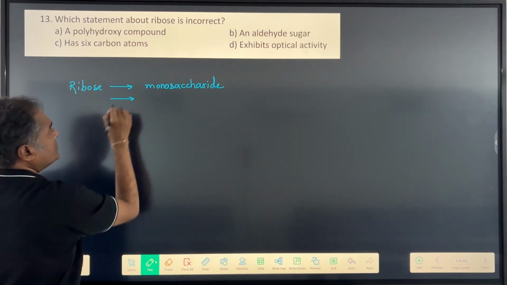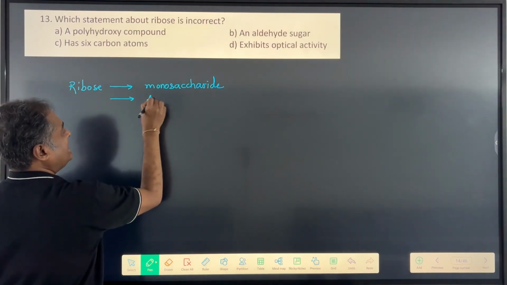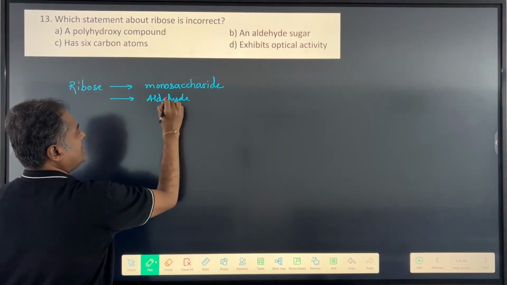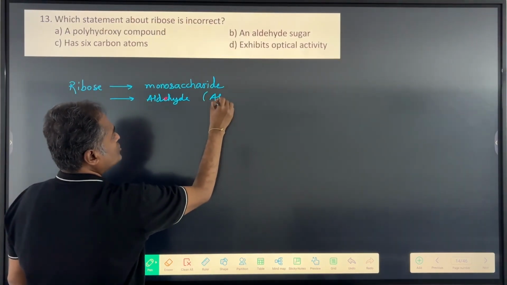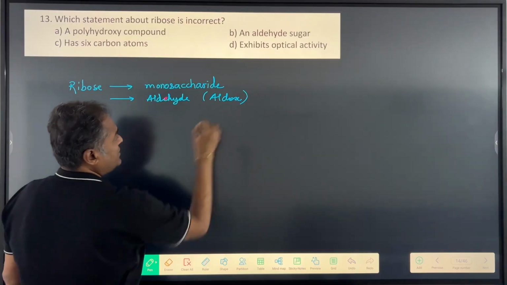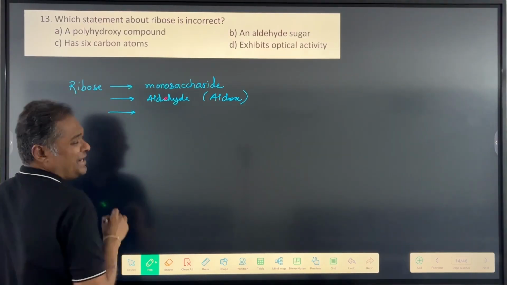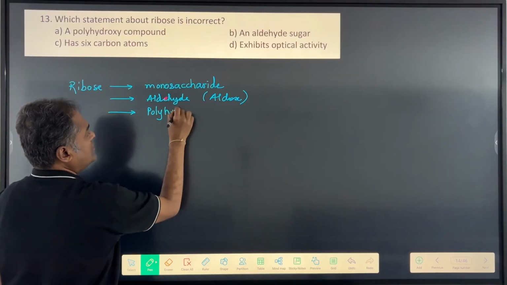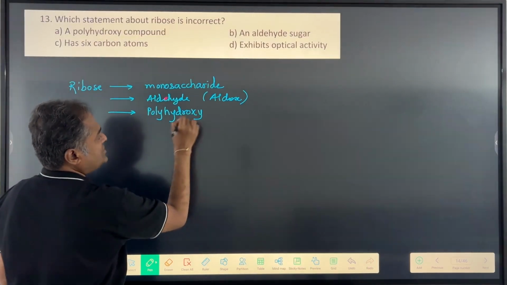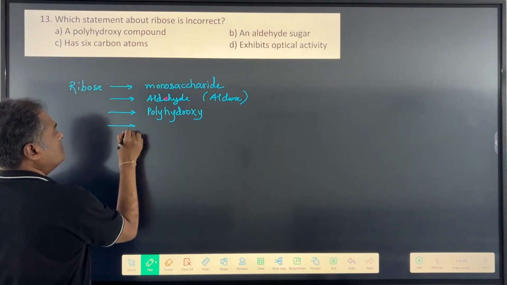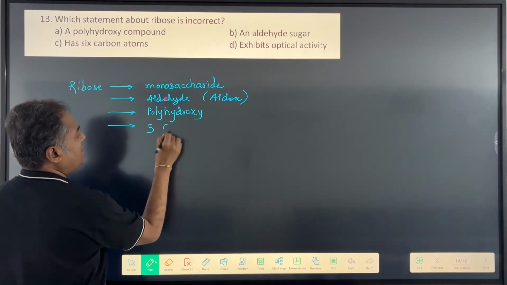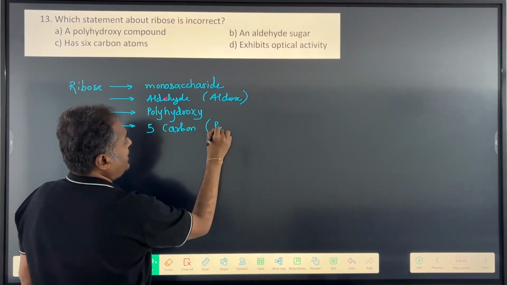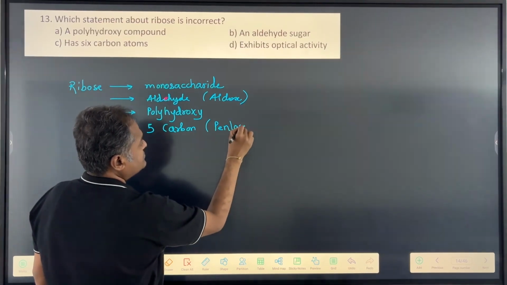Point number 2, it contains an aldehyde group, so we basically call it an aldose sugar. Then, we know that it contains many OH groups, so can I call it a polyhydroxy compound? And the most important, it contains only 5 carbon atoms. So, can it be called a pentose sugar?